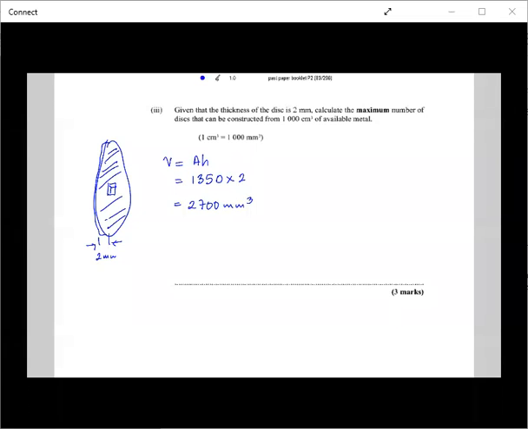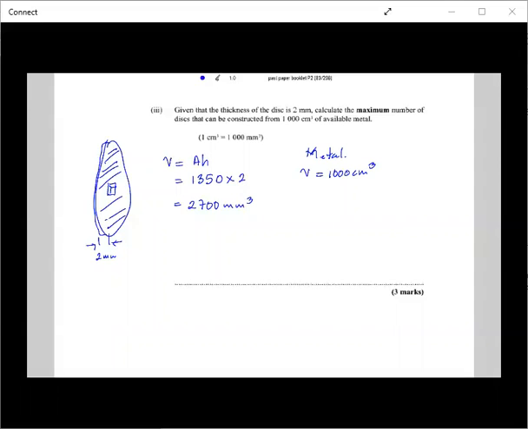Now, they have 1,000 centimeters cube of metal. So we're looking at the metal. The volume is equal to 1,000 centimeters cube, but 1 centimeter cube is equal to 1,000 millimeter cube.